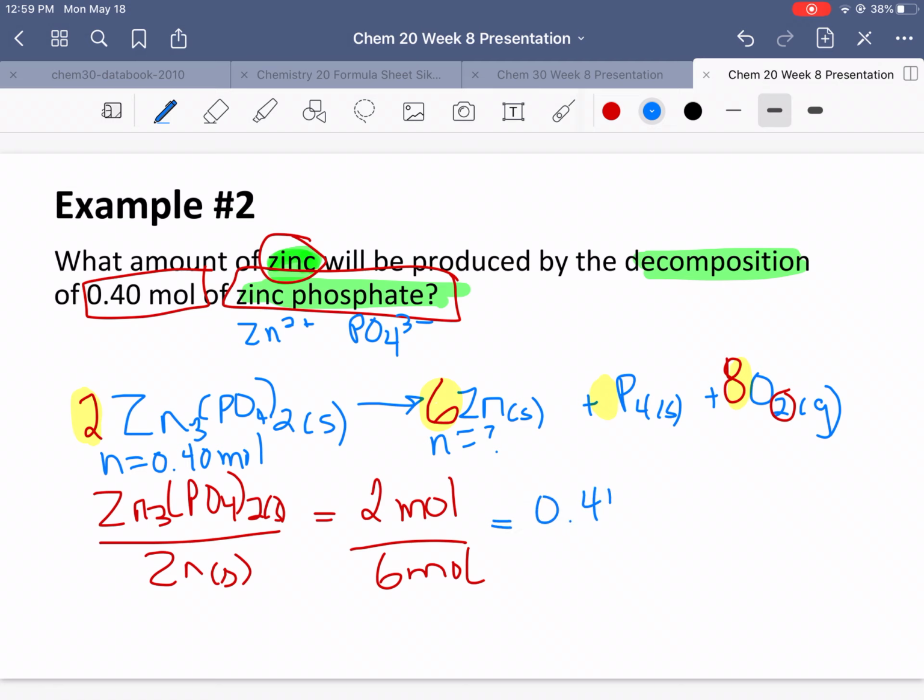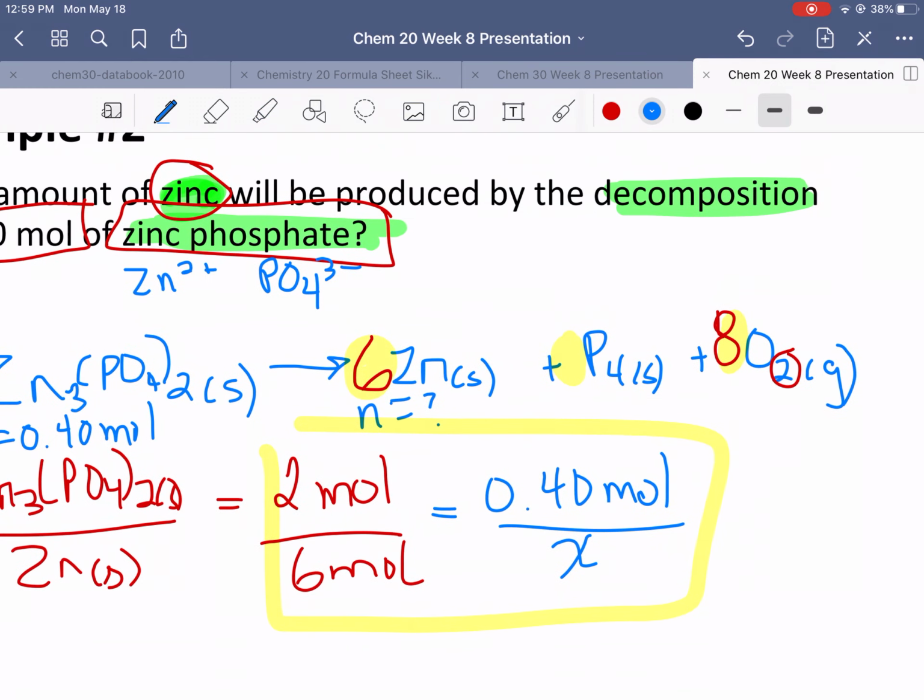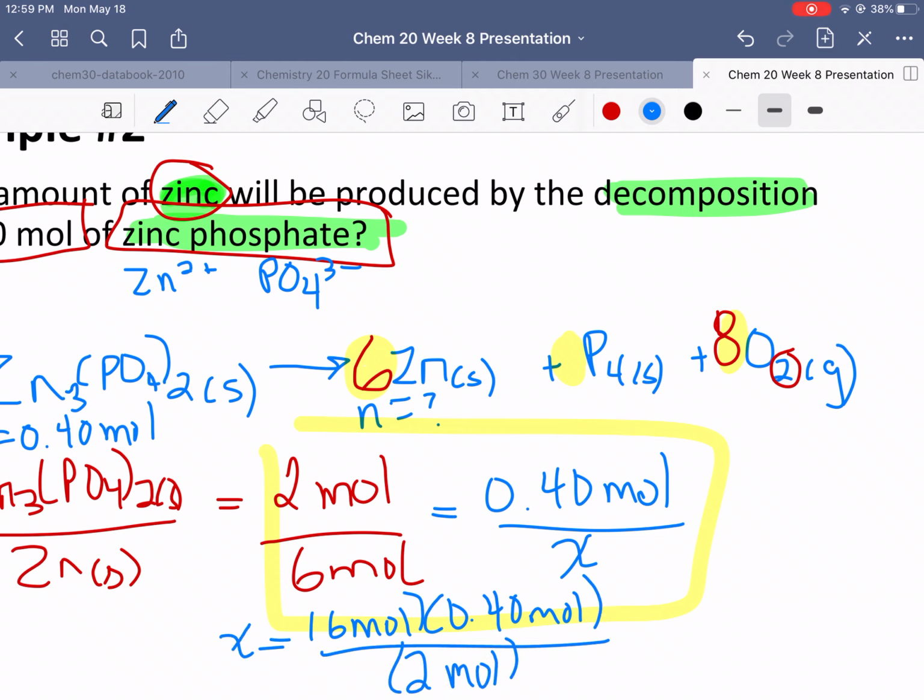I'm going to write that above, 0.40 moles. It is the zinc solid that is my unknown, my X. Once again, here's your mole ratio. Okay, keep going. 6 moles times 0.40 moles divided by 2 moles. This will give us X. Moles cancel out.